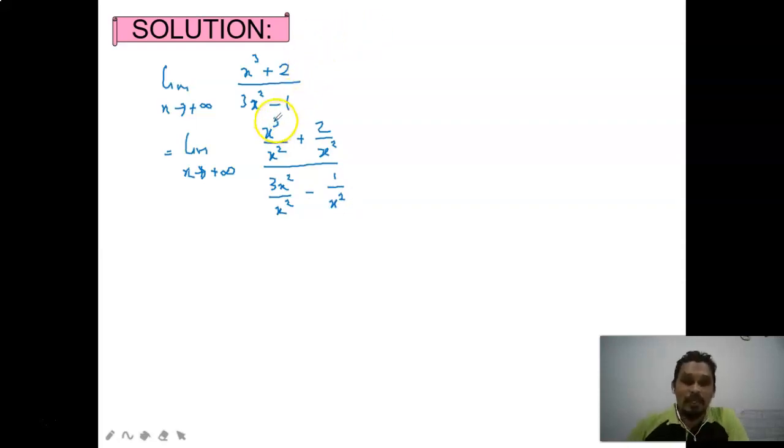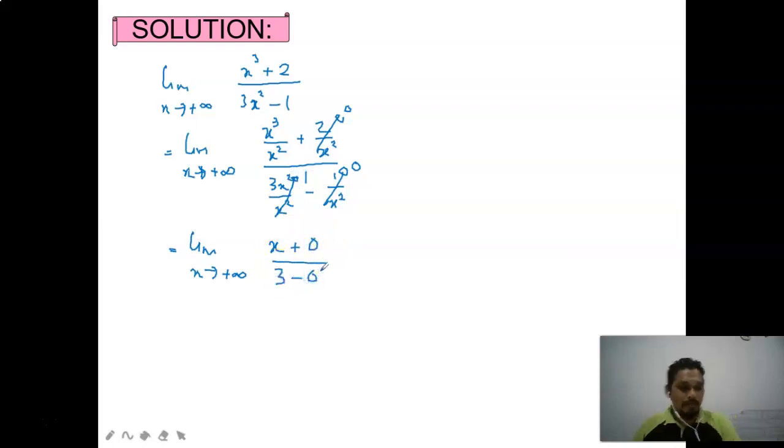So now x cubed divided by x squared equals x, and 2 divided by x squared approaches 0. This also approaches 0. x squared divided by x squared equals 1. So then x plus 0 divided by 3 minus 0.